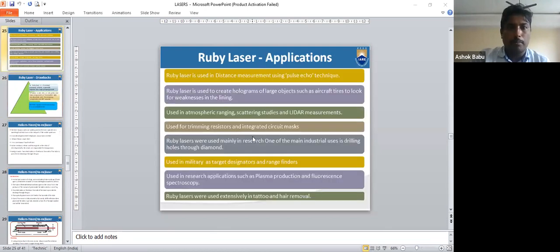These are some applications of the ruby laser. The ruby laser is used in distance measurement using the pulse echo technique, and it is used to create holograms of large objects.